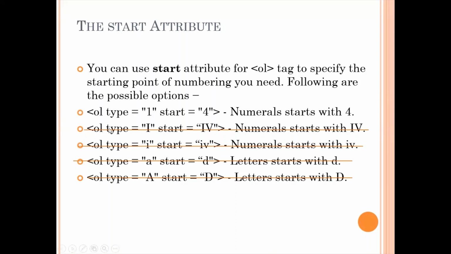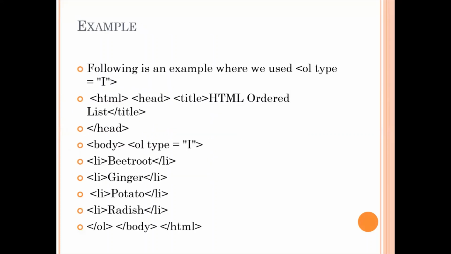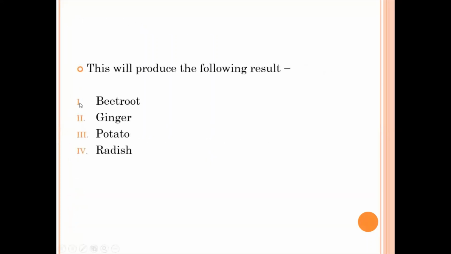Okay, where will we use the start attribute? We will use the start attribute when we need to start our list from a particular number. When we use type equal to 1, the output will come as 1 2 3 4.